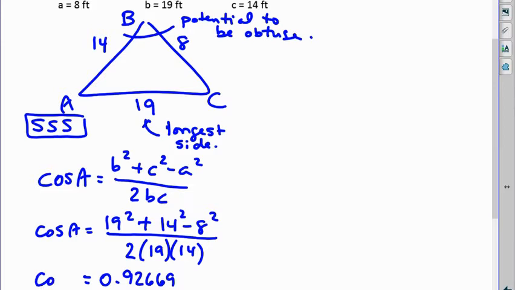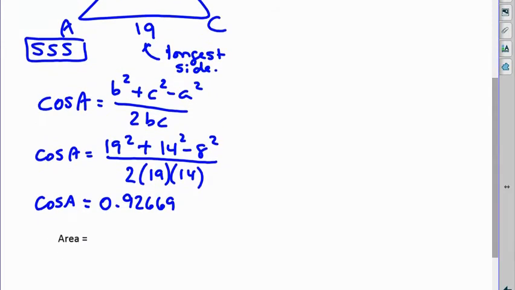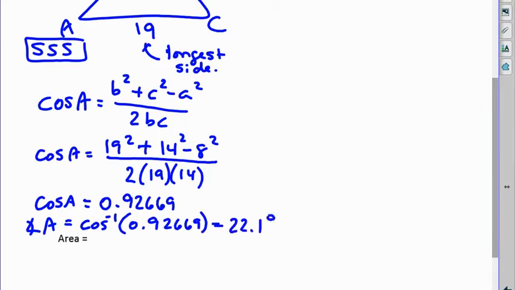That's cosine A. And if I want angle A, I have to do the inverse cosine of that ratio. So angle A, inverse cosine of 0.92669, and I get an angle of 22.1 degrees.